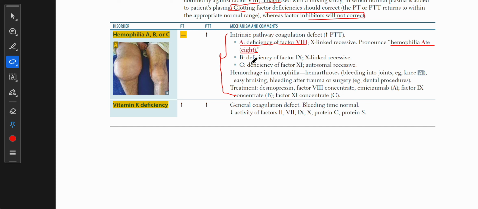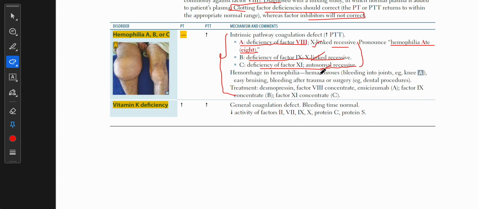And B is deficiency of factor 9, that is X-linked recessive. Both are X-linked recessive. And hemophilia C is deficiency of factor 11, which is autosomal recessive. All of these three are recessive, but both A and B are X-linked, and C is autosomal.